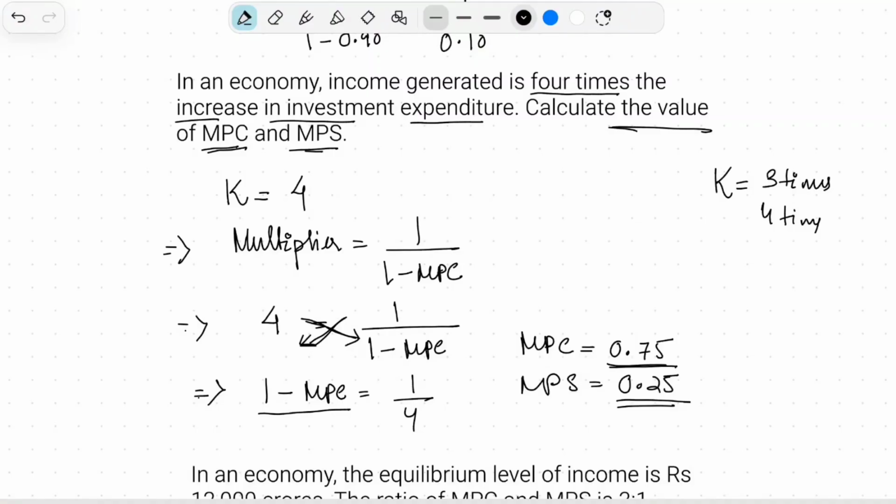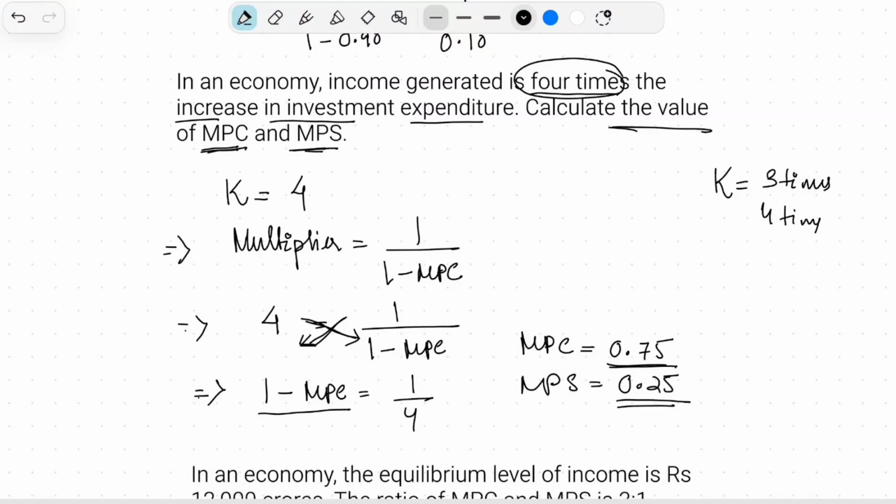We have simply cross multiplied, because as per the question the multiplier is already given, it is 4 times. If the multiplier is 4 and the question has asked us to find MPC and MPS, we will utilize the formula 1 divided by 1 minus MPC.